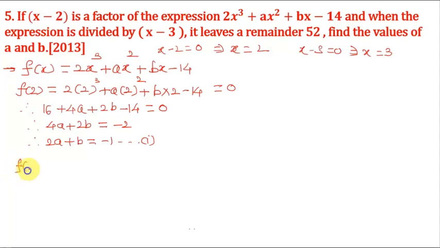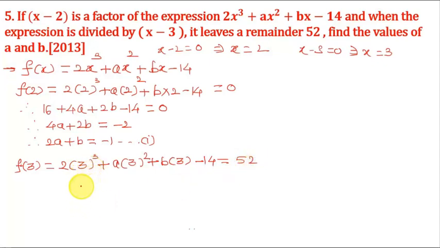Therefore, f of 3 is equal to 2 in bracket 3 cube plus a into 3 square plus b into 3 minus 14, and that's equal to 52.